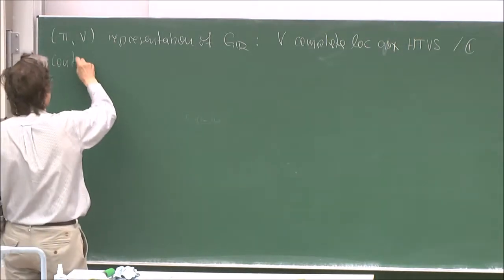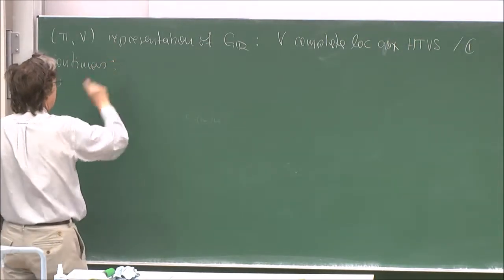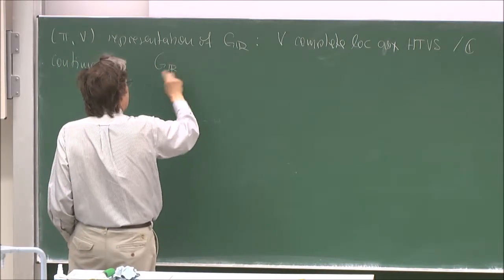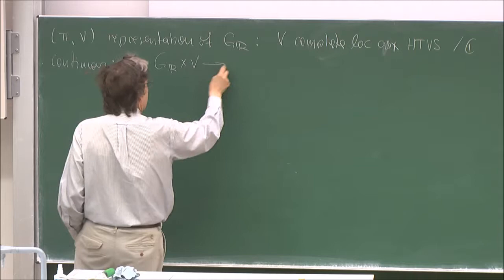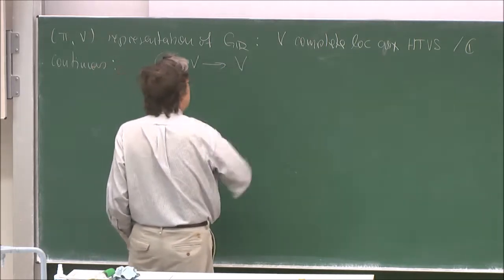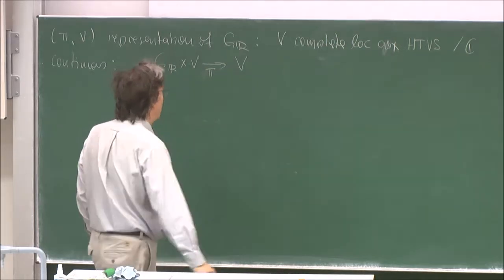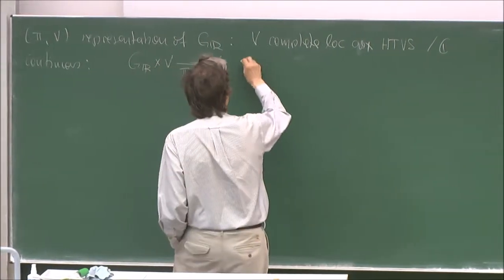So it is continuous in the sense that the action map from G_R times V to V, the map induced by pi, is continuous.